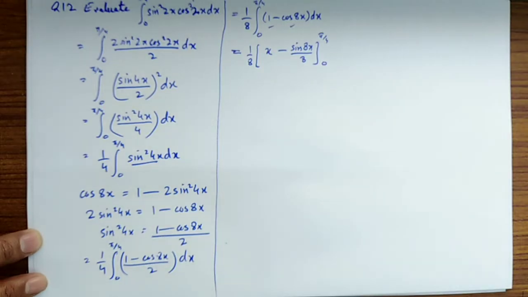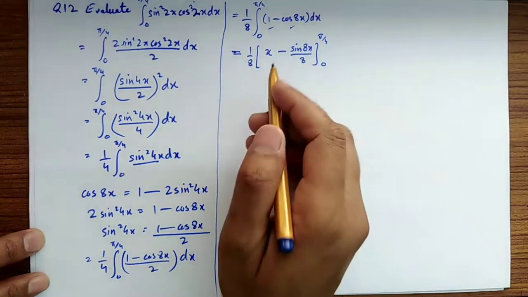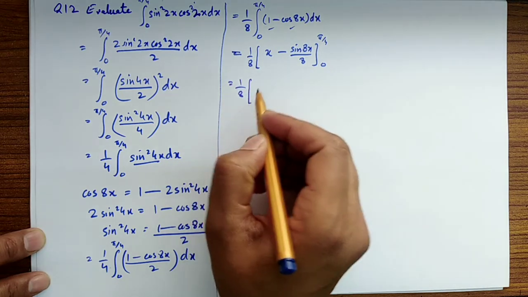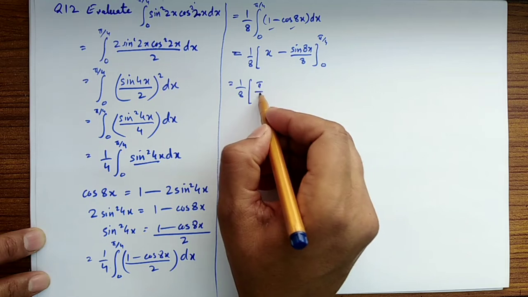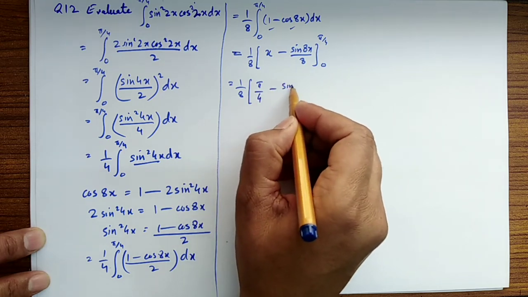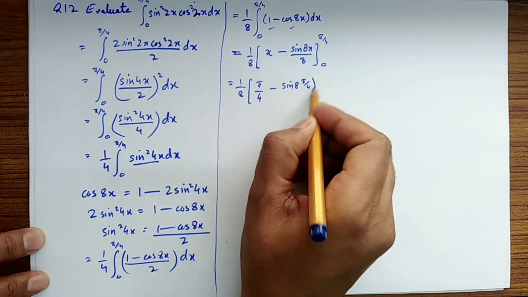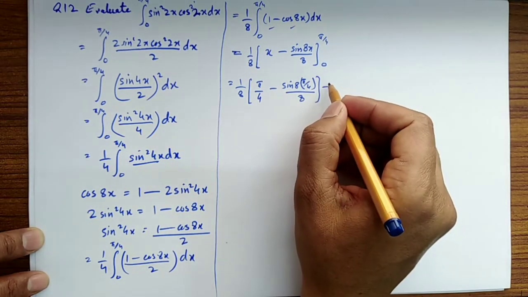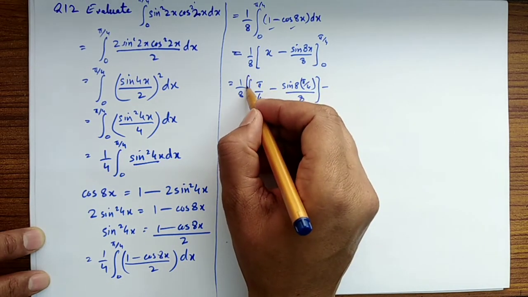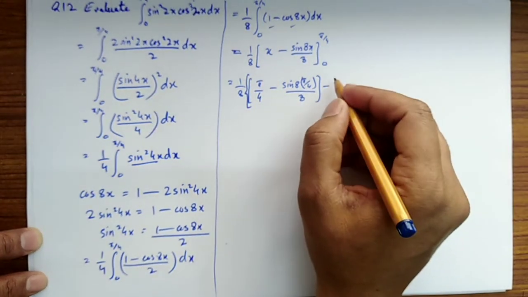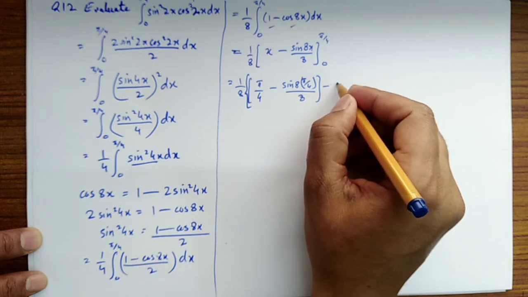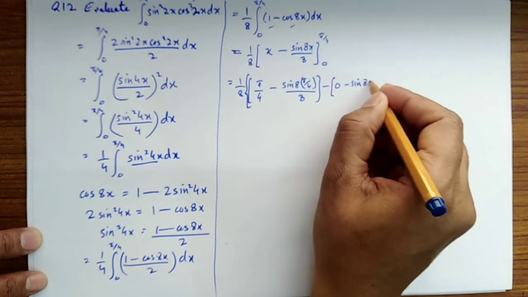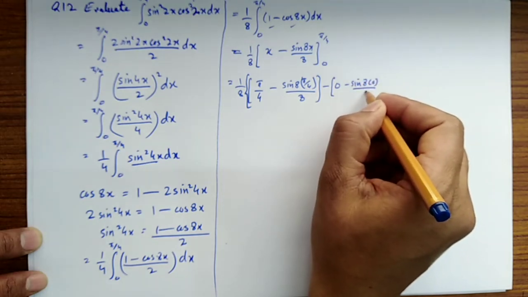Now applying the limits one by one, first put the upper limit in place of x, pi upon 4 minus sine 8 pi upon 4 divided by 8, minus the lower limit, 0 minus sine 8 times 0 upon 8.